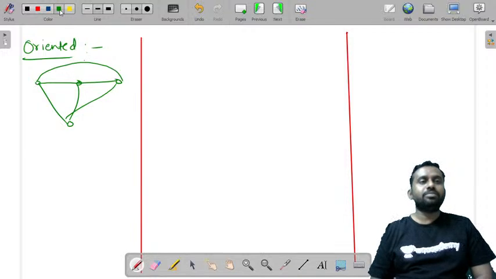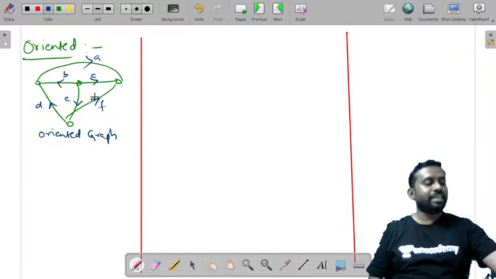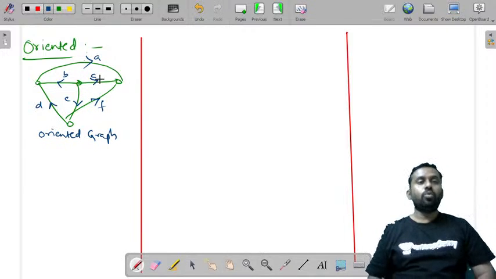You can randomly specify them. It does not matter which directions you are specifying. So this is an example of an oriented graph. A graph in which the branch directions a, b, c, d, e, f are all specified is said to be an oriented graph.